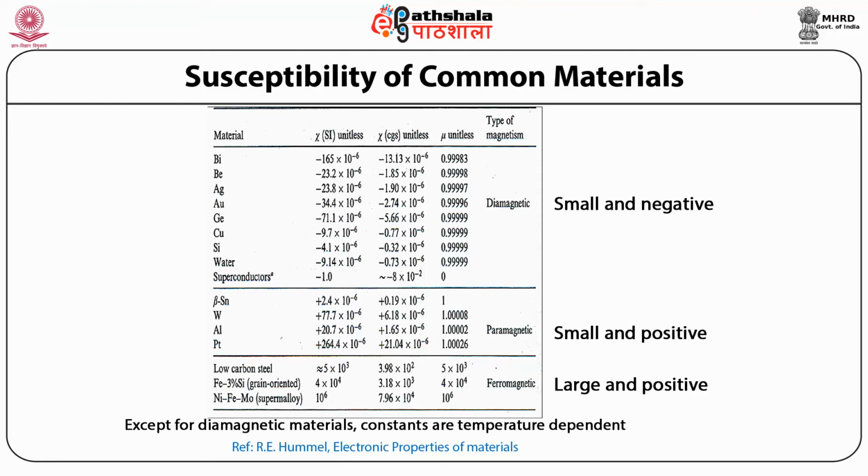According to the value of susceptibility, the materials are categorized according to their types like diamagnetic, paramagnetic, or ferromagnetic materials. It should be noted also, as we will see, that except for diamagnetic materials, magnetic susceptibilities are temperature dependent.